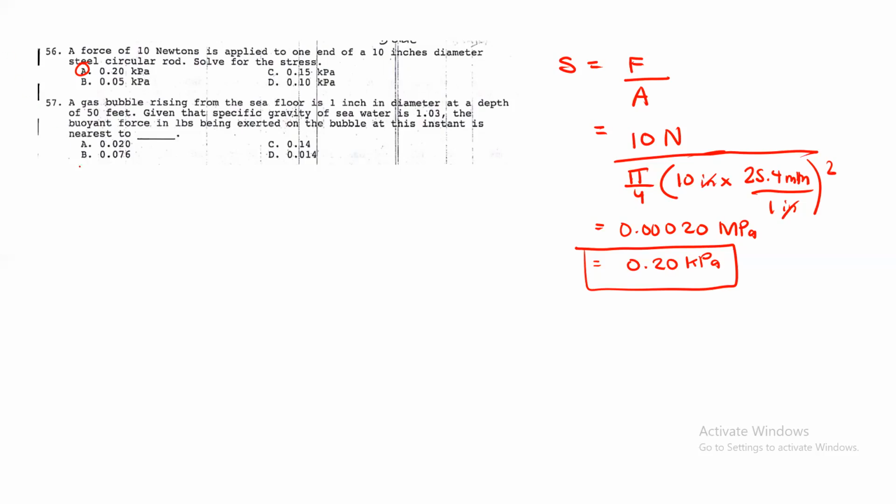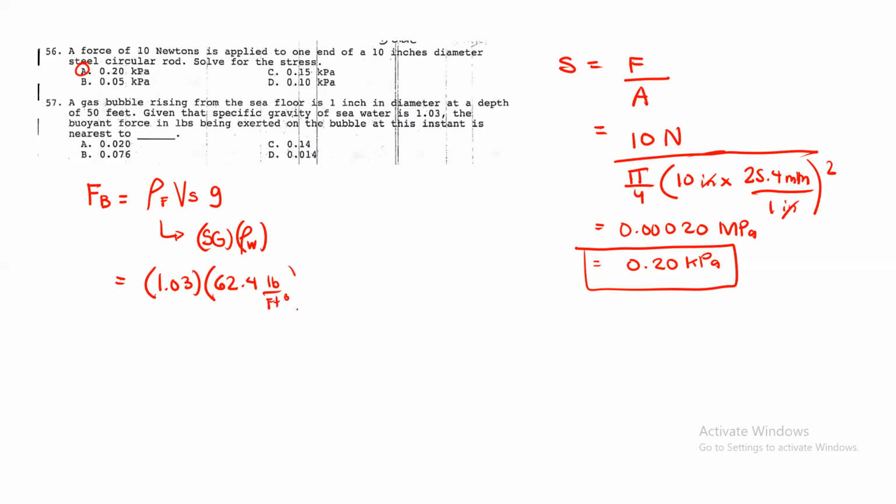So, buoyant force is equals syempre to density ng fluid times volume ng submerged body times gravity. So, density ng fluid, pwede natin makuha using specific gravity times density ng water. So, ilan ba yung specific gravity ng seawater? 1.03 given na. Then, density ng water, 62.4 pounds per cubic foot. Then, volume.